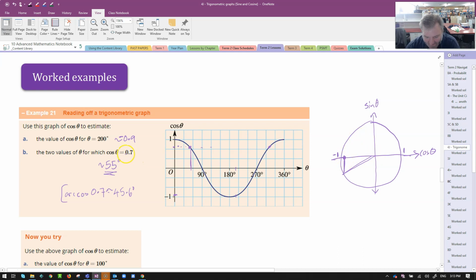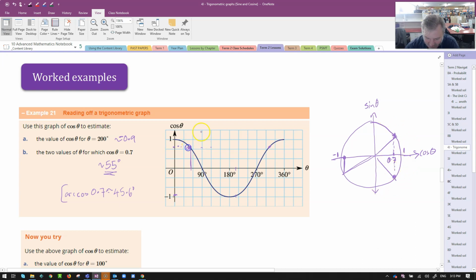What about when cosine is equal to 0.7? So 0.7, I'm probably going to draw it about there. There are two values. One point on the circumference is there, where it's going to have an x-coordinate of about 0.7, and there's another point down there, where it's got an x-coordinate again of 0.7. So we're expecting a number in the first quadrant and in the fourth quadrant.